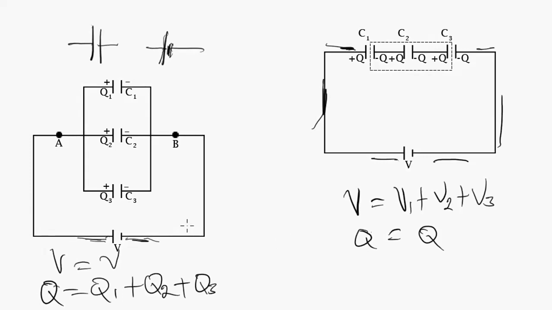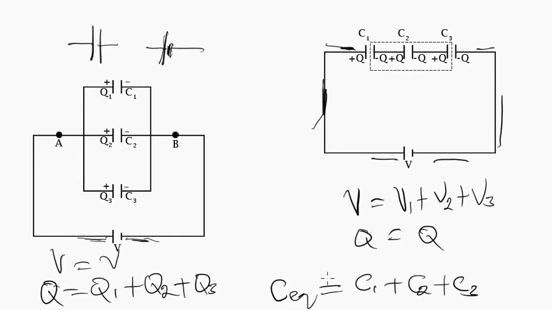Alright, so notice the equivalent capacitance for each of these, whether parallel or series. For parallel, the equivalent capacitance will be C1 plus C2 plus C3.